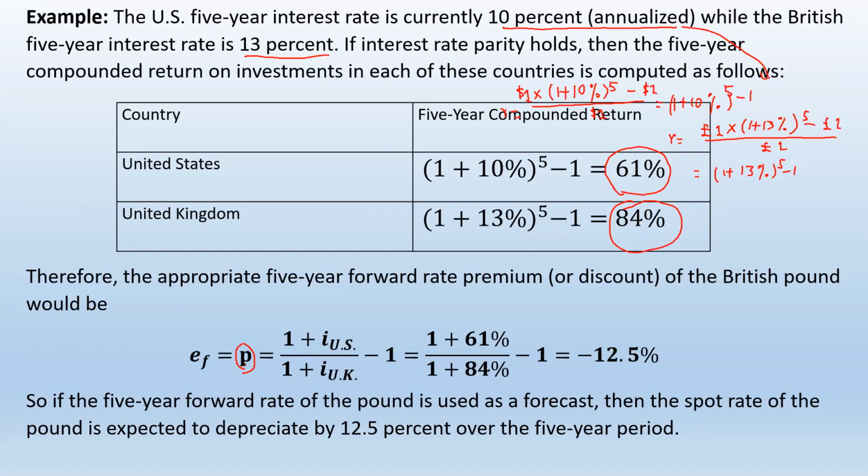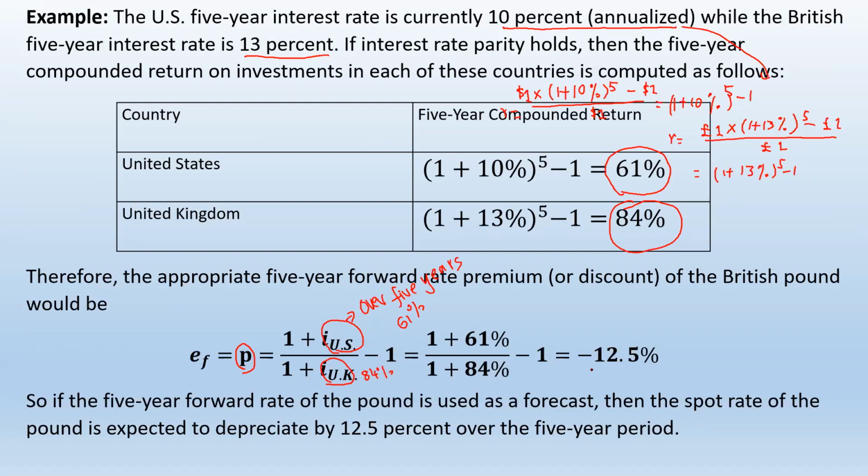Then we can apply interest rate parity. The premium or discount equals 1 plus the US interest rate over 5 years, because we need to do the 5-year forecasting, so it's 61%, divided by 1 plus the UK interest rate over 5 years, which is 84%, minus 1.